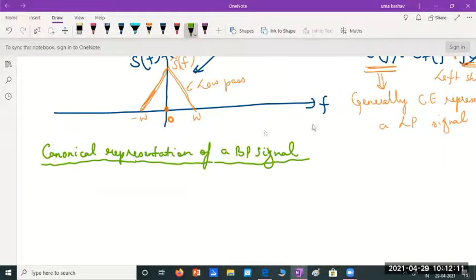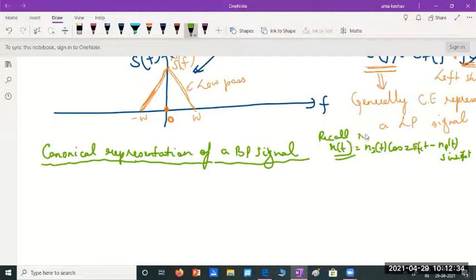If you remember, last time we had written this noise as the in-phase component into cos and the quadrature component of noise into sine. This was the canonical representation of narrowband noise. You remember this? Last time we had used this.